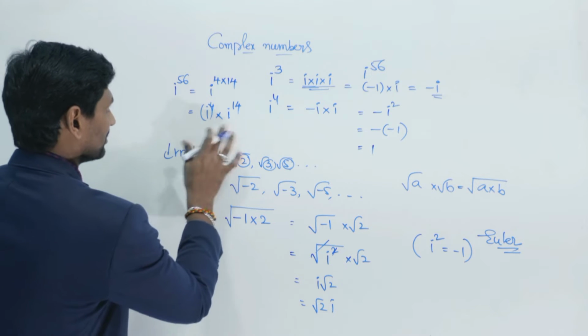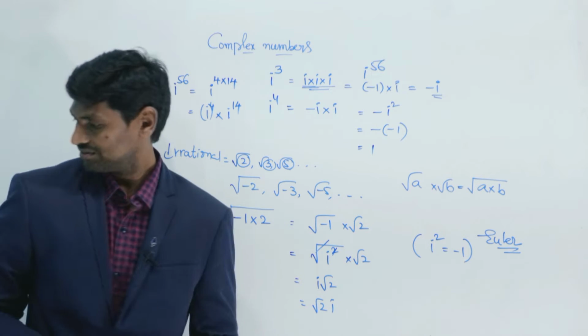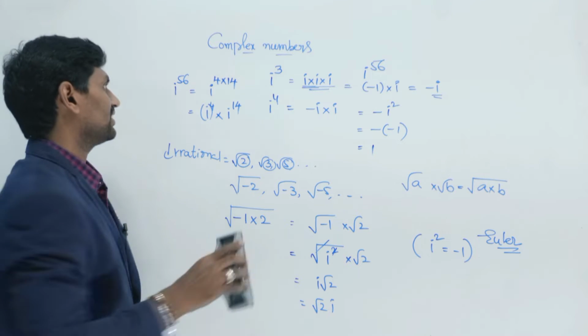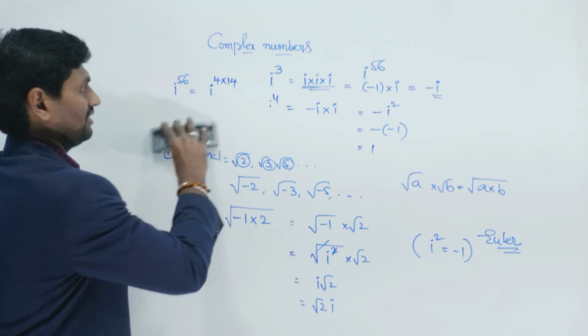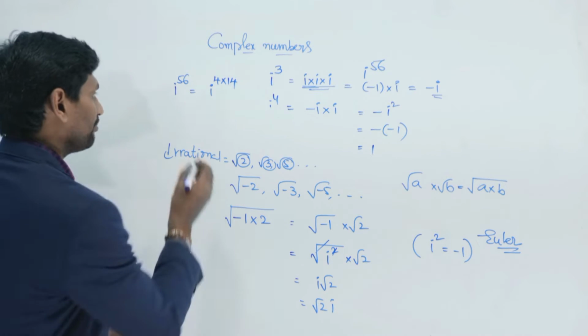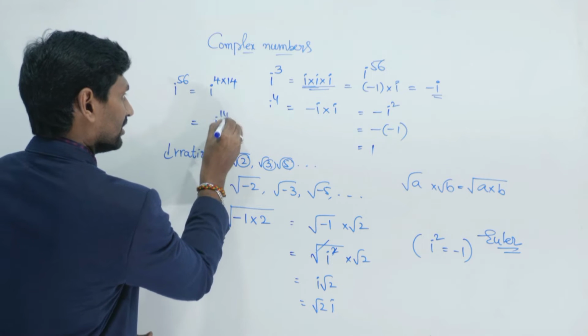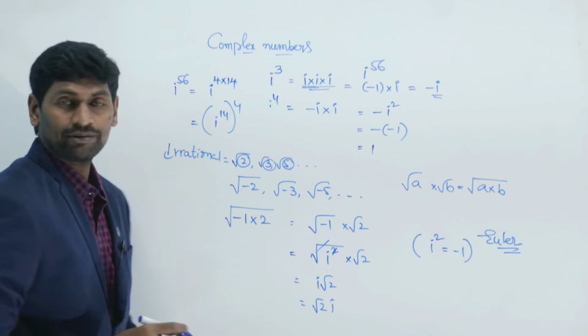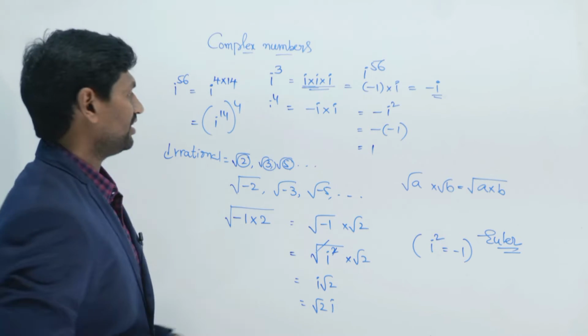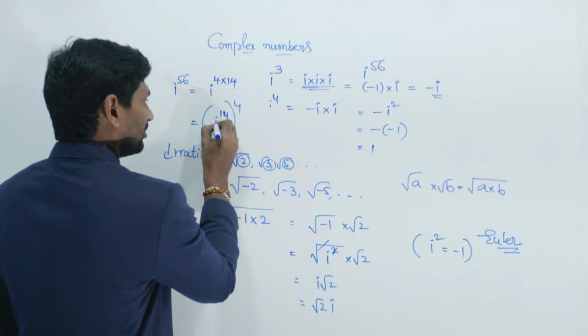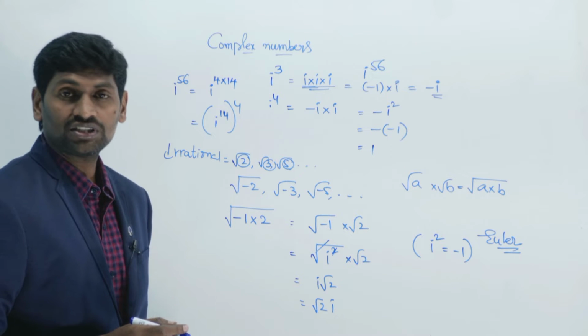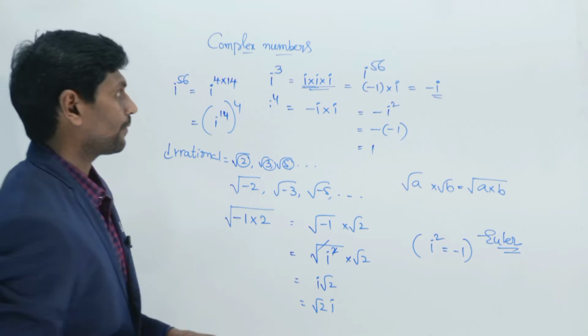No. We can write it as i power 14 whole to the power of 4. A power m whole power n is nothing but A power mn. But i power 14 value, how much? i power 14 value?